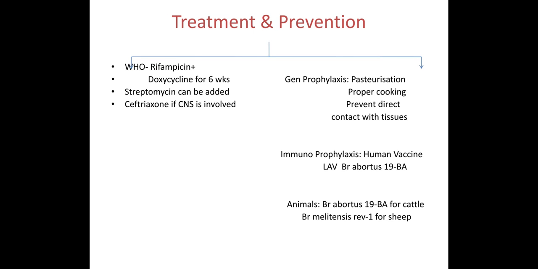For animals, we have Brucella abortus 19BA for cattle and Brucella melitensis Rev 1 for sheep. The cattle or sheep have to be vaccinated every year so that they don't get infected with brucellosis.